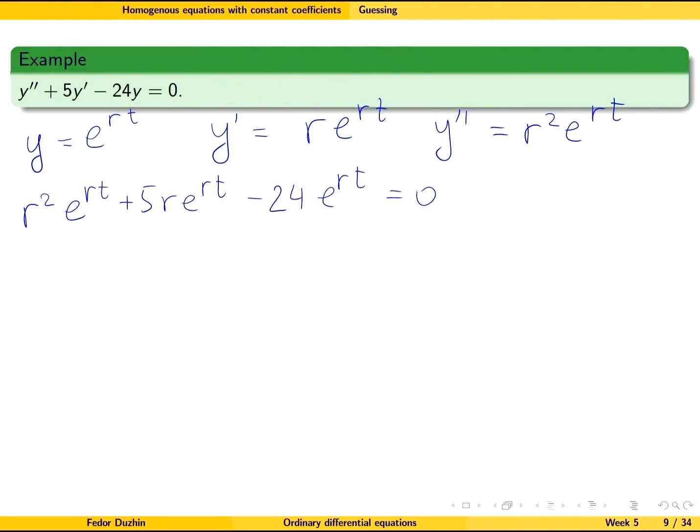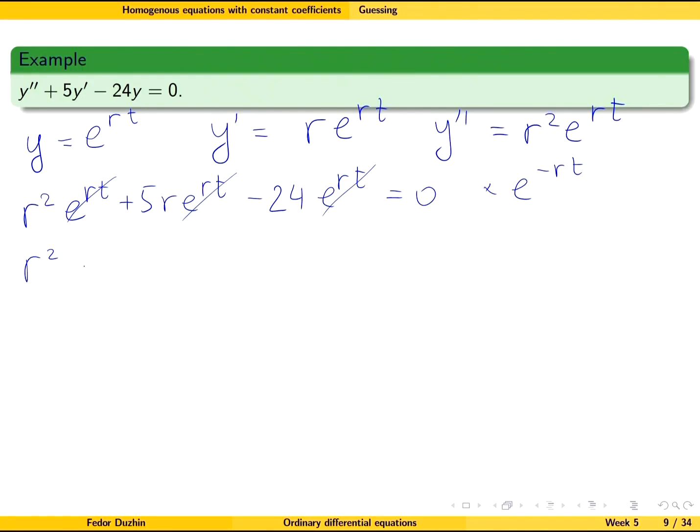But now notice that we can multiply this whole equation by e to the minus rt, because e to any power is strictly positive, so it is non-zero. So when we multiply an equation by a non-zero number, we get an equivalent equation.